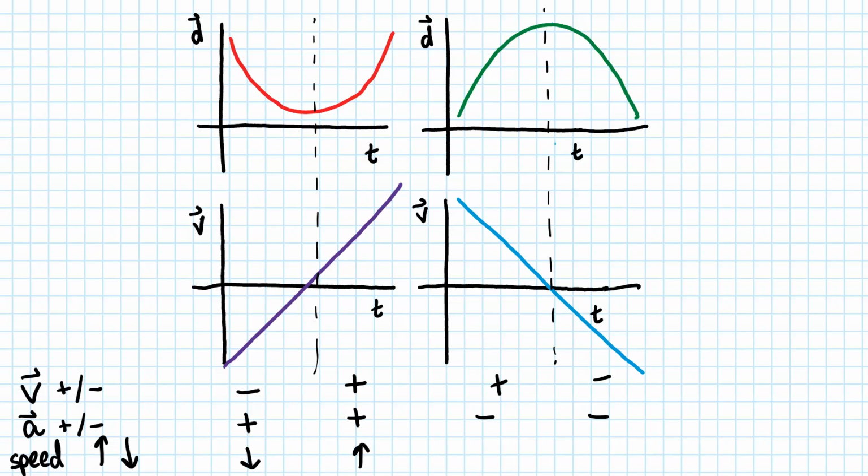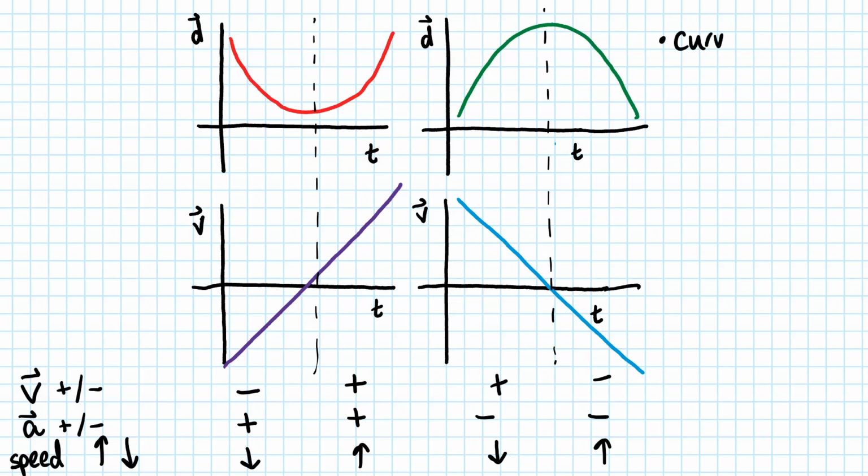On the other graph, we're heading towards 0 for our velocity number, so we're slowing down. And then for the other part, we're getting a bigger and bigger number for velocity as time goes on, so we're speeding up. This leads to a couple of important points.